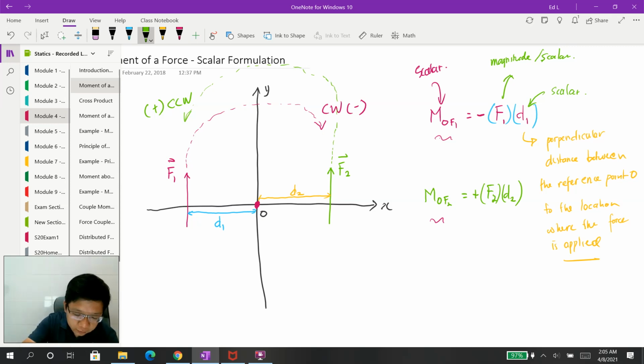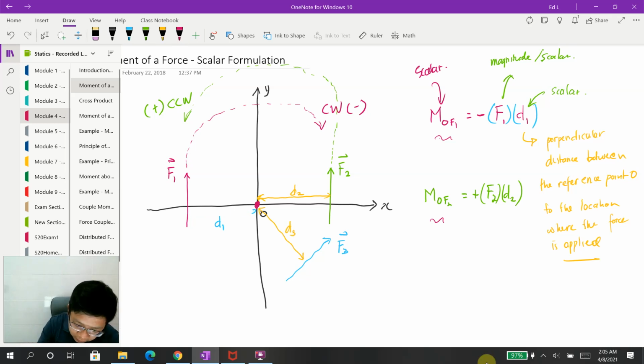Let's do another one down here. Let's say that I have force F3. Now F3 has certain directions, going there. Then there is this distance right here, D3.